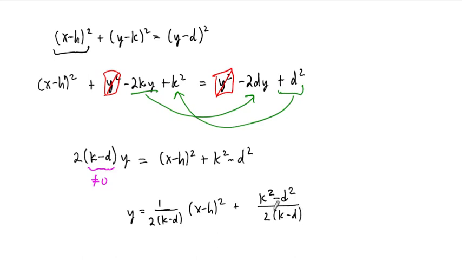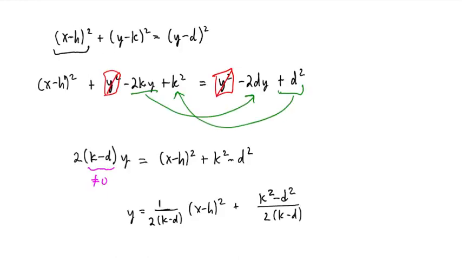Of course, k squared minus d squared is a difference of squares, which factors to be (k plus d) times (k minus d).